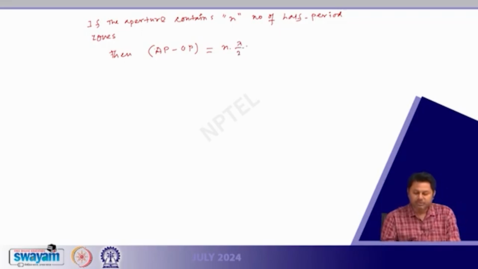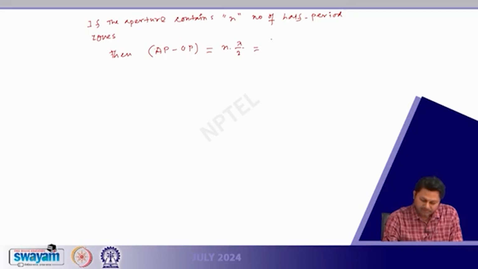And this value is simply A square divided by 2Z.